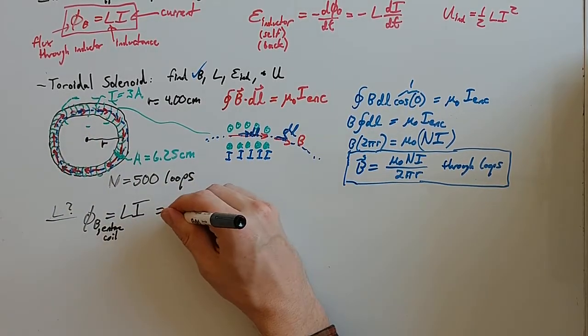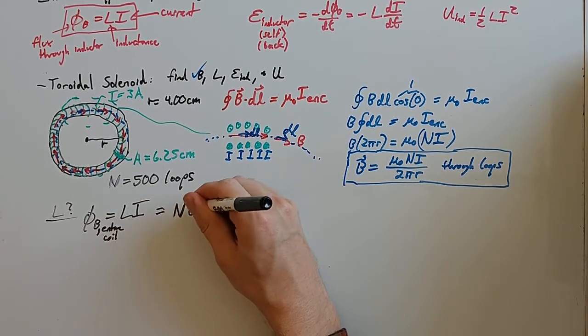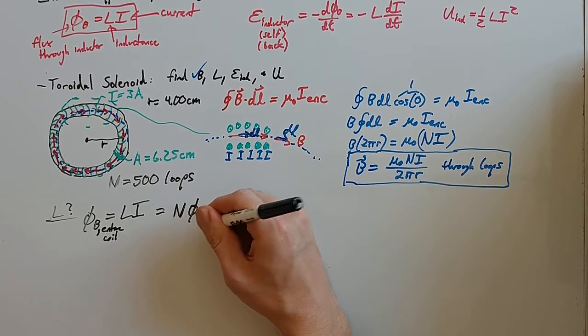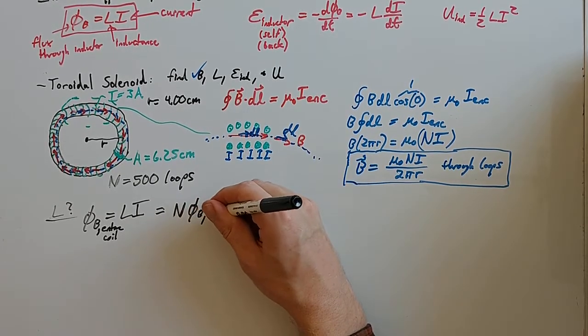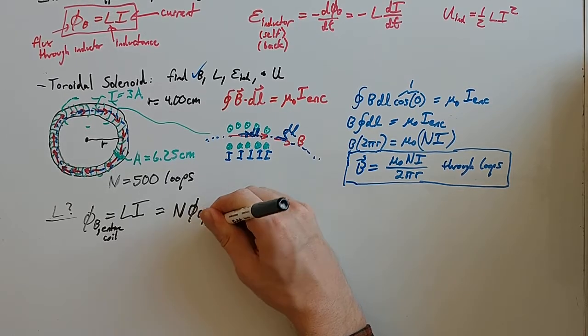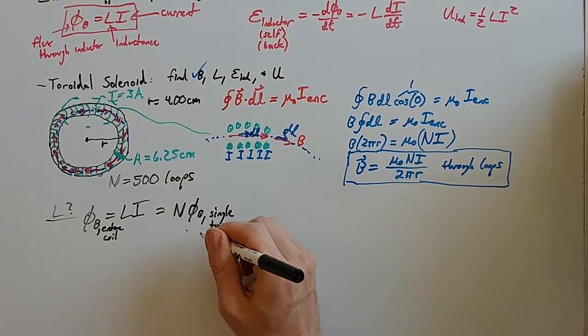And if we do that, then this total flux is going to be the number of loops times the flux through each individual turn, right? So maybe I say through each single turn. So that might be a little bit helpful. And, well, what is the flux through a single turn, right?